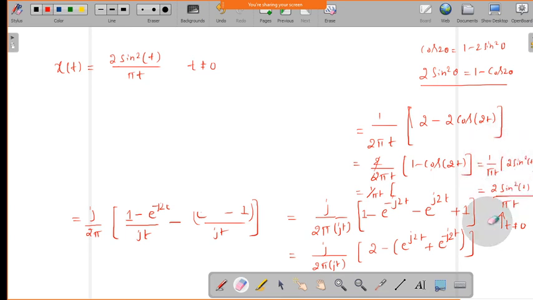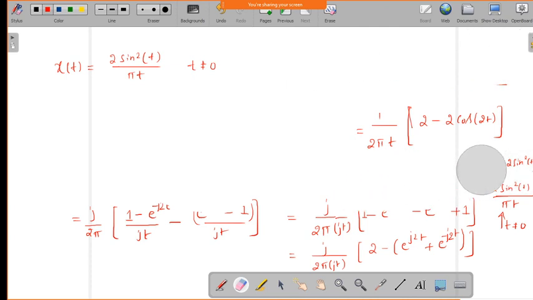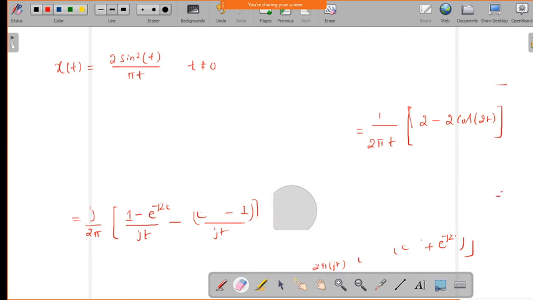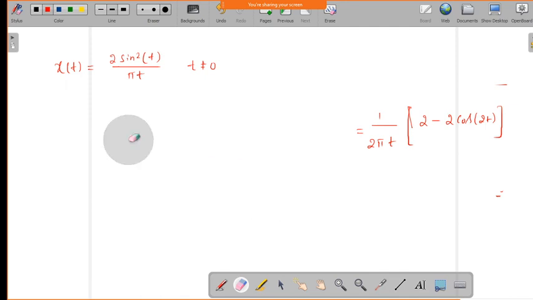So we'll do this again. This is square theta, so we'll arrive at this result, which is 1 over 2 pi t.